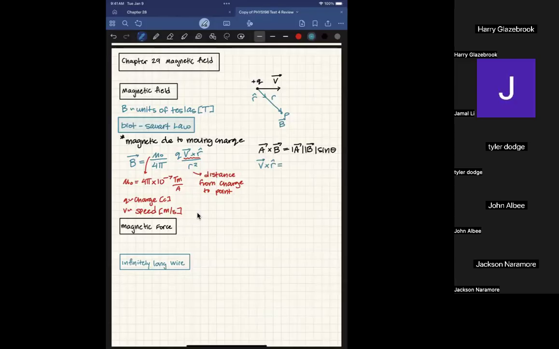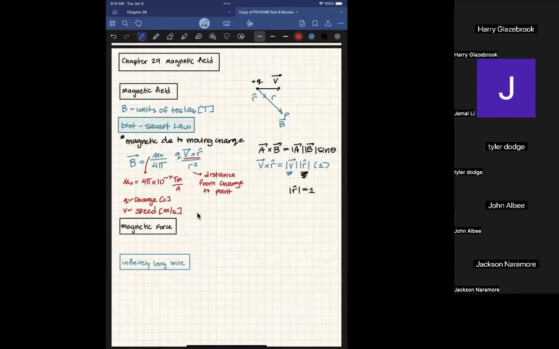And so you get the magnitude of the speed, the magnitude of r hat, and then sine of theta is sine of 90 degrees, which is just 1. And the magnitude of a unit vector is also 1. So this v cross r hat usually just turns into regular speed. I just wanted to put a note in there.